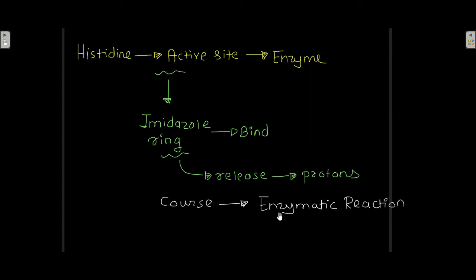If a particular reaction requires a proton, then the source of the proton can be the imidazole ring of the histidine. So at the active site of the enzyme, if you are finding histidine, then its function may be to release a proton from the imidazole ring, so that the reaction for which the enzyme is there can occur.